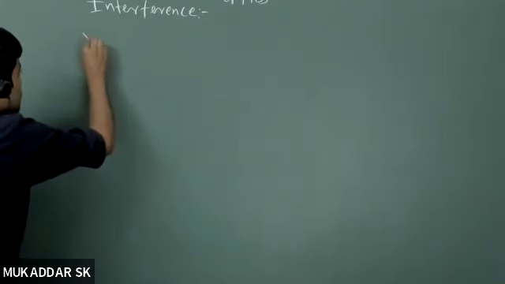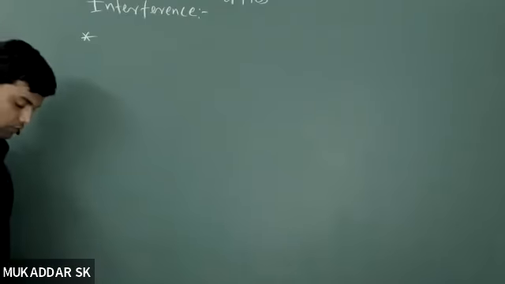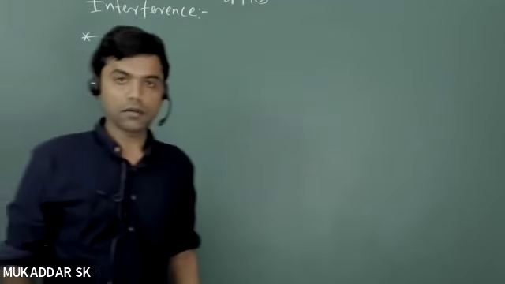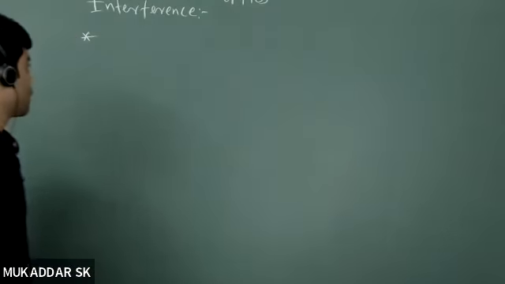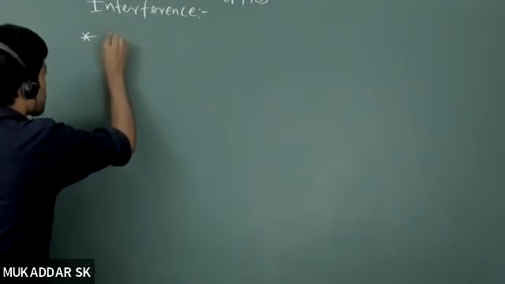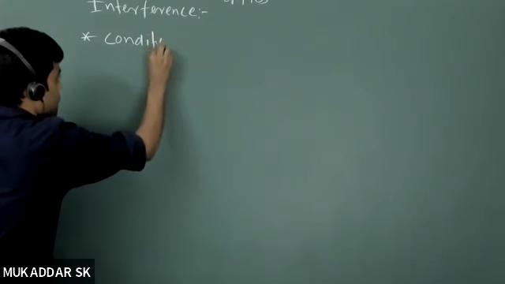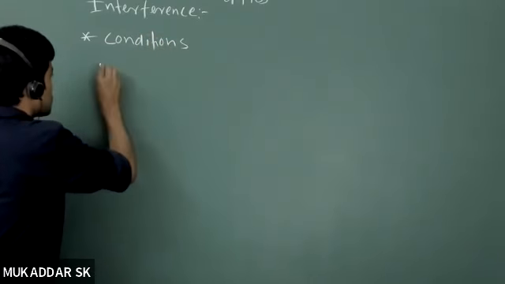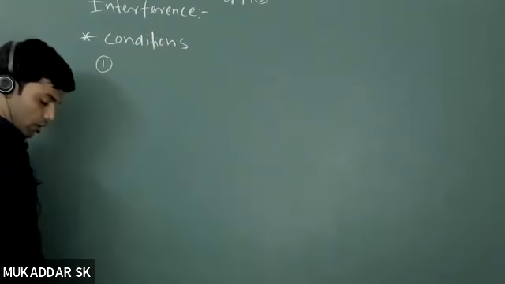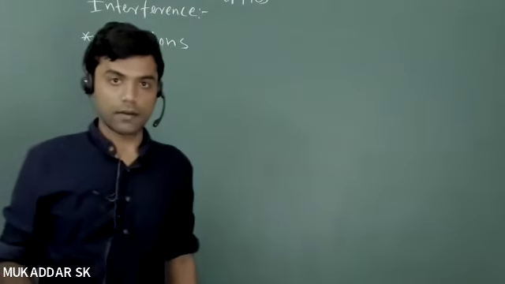So what is basically the condition of interference? There are basically two major conditions. Okay, so first, the source must be coherent.